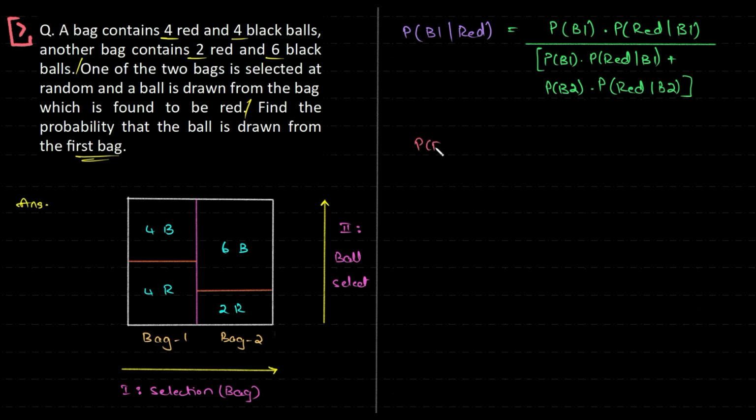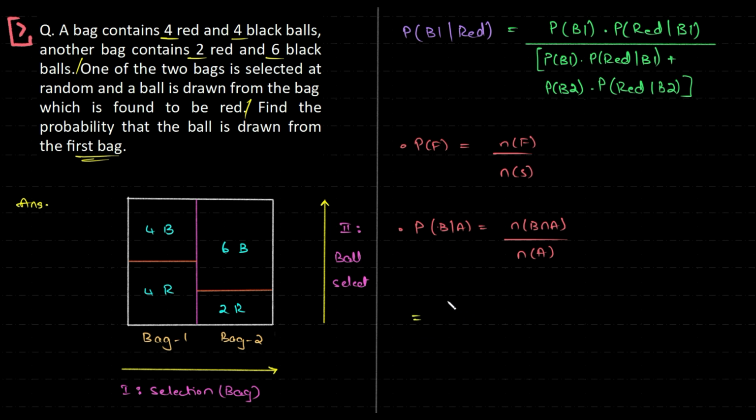So first is probability of a favorable event is number of outcomes in the favorable event divided by number of outcomes in your sample space, right? That's the first formula. Second formula is probability of B given A is number of outcomes in A and B, that is common, divided by number of outcomes in A. And all we have to do is substitute, right?